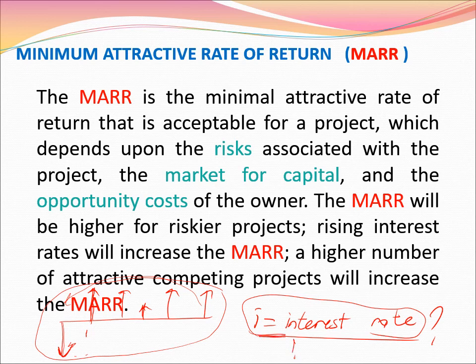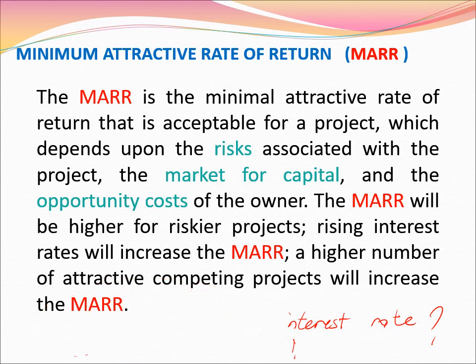So in order to answer this question, we need to learn a concept called minimum attractive rate of return, or MARR. I will shortly name this as MARR, okay, MARR, minimum attractive rate of return. What does it mean? This MARR is the minimum attractive rate of return. The name defines it very well.